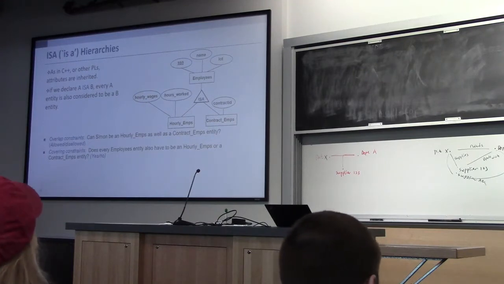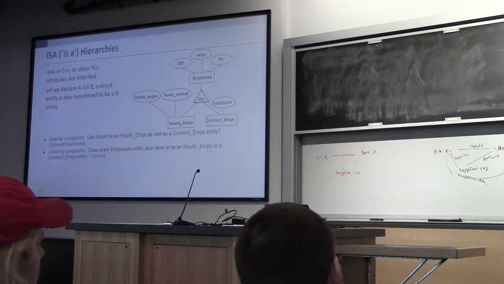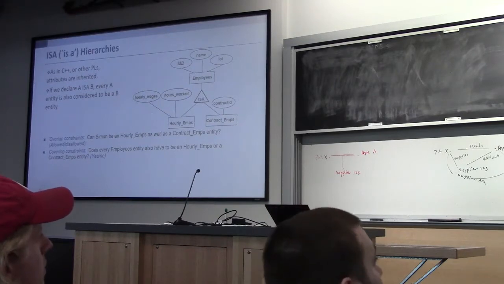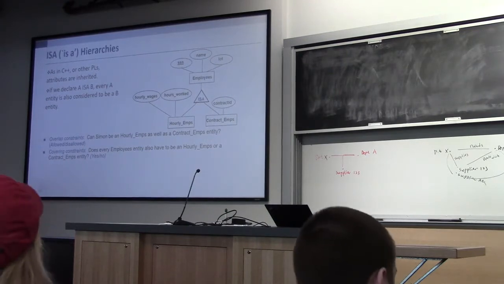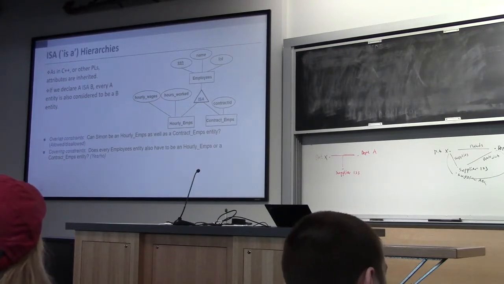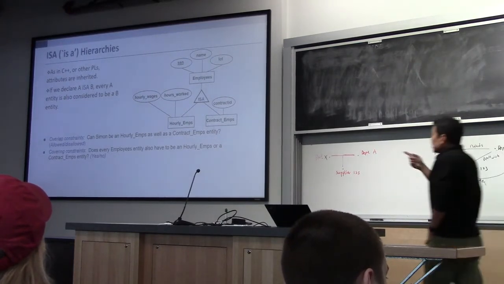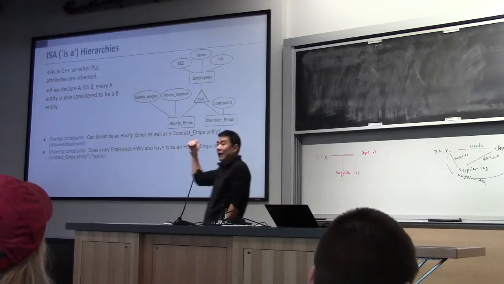But in some other organization, the user tells you that, okay, in my organization, either it is an hourly employee or a contract employee. I don't have both. You follow me? In that case, overlap is not allowed. So how do you specify this? Well, in your design, you just add an annotation to it.